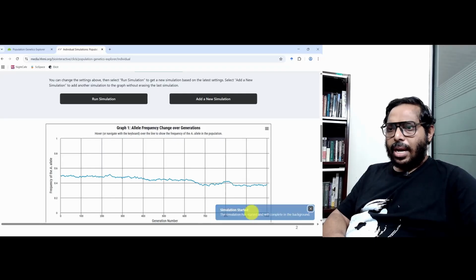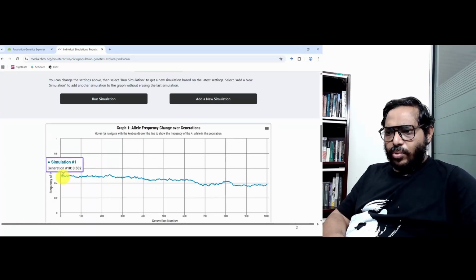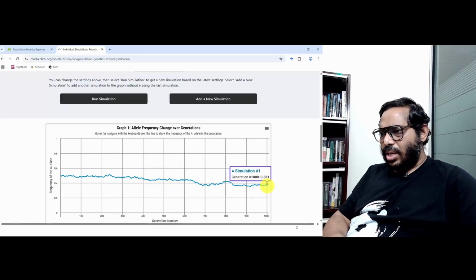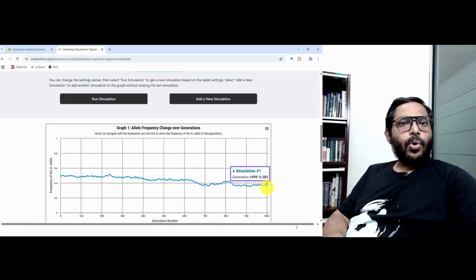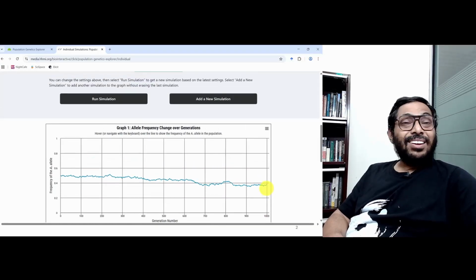We see that the allele frequencies, in this particular case the frequency of A1, is bouncing around a bit, and if you look at generation to generation changes, they are not too high, but overall it is going somewhat up and down, and after some runs, in this particular case, it is coming down to about 0.381. So, what will happen if I run it again?